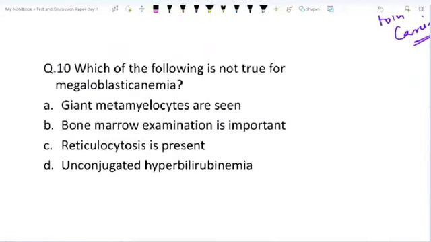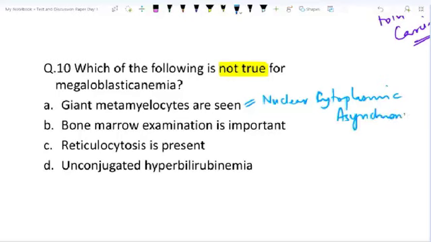Which of the following is not true for megaloblastic anemia? Which one is false? Giant metamyelocytes are seen. Yes, because of nuclear cytoplasmic asynchrony, because there is retarded nuclear maturation but proper cytoplasmic maturation. So because of this reason only you get megaloblasts. Everything becomes really big because of the immature nucleus. So giant metamyelocytes are seen in the bone marrow, so this is a true point. Bone marrow examination is important.